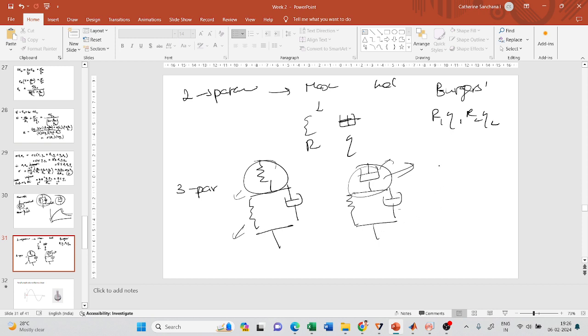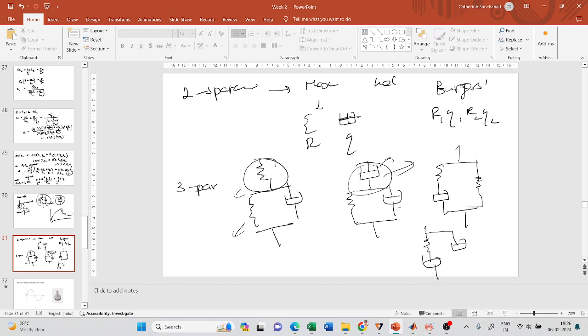In the same way, you can have a Maxwell model like this along with a spring. Here it is a Maxwell and a spring, both in parallel. In the same way, a Maxwell model again with a dashpot. This is a fluid model. Why is it a fluid model?